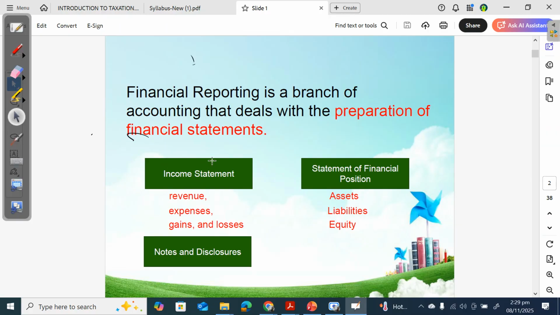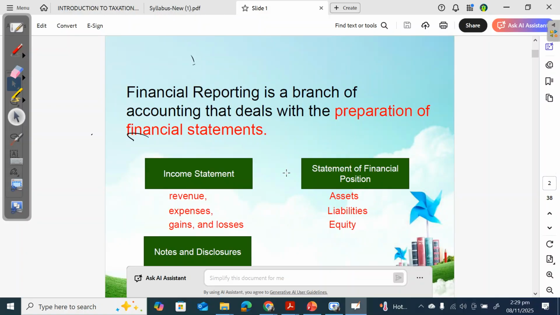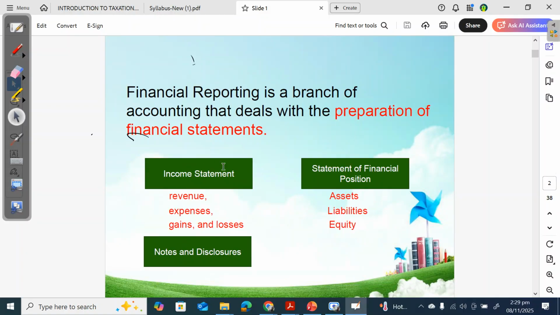All right. So when you take a typical financial report, it has three main components. We have the income statement, that is the revenue and your expenses.